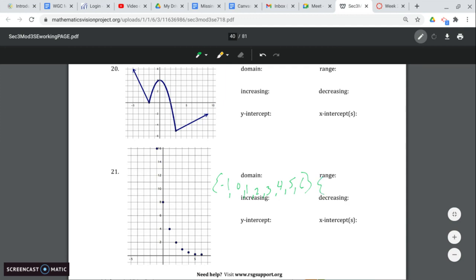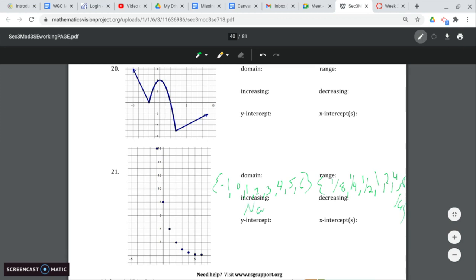The range is some fractions: 1/8, 1/4, 1/2, 1, 2, 4, 6, 8, and 16.